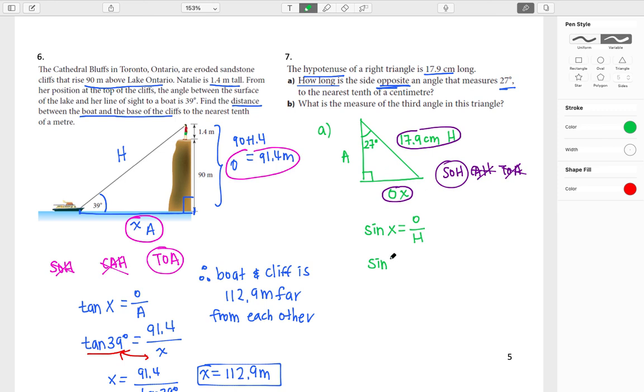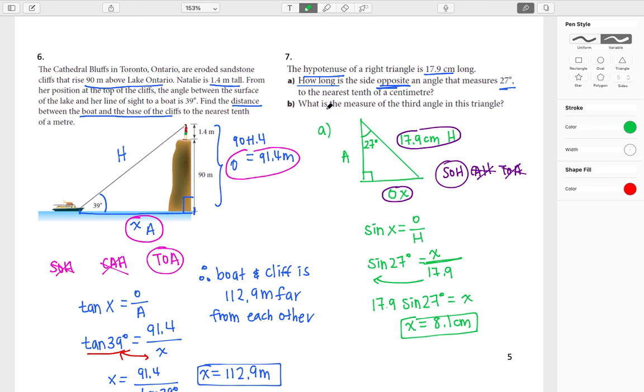Let's plug in our angle, sine 27 degrees is equal to opposite x over 17.9. So if we're looking for x, I'm going to move 17.9 to the other side. You multiply because it's opposite from dividing. So 17.9 times sine 27 is equal to x. So when you punch it in, x is equal to 8.1 centimeter. So that's how long the opposite side is going to be.